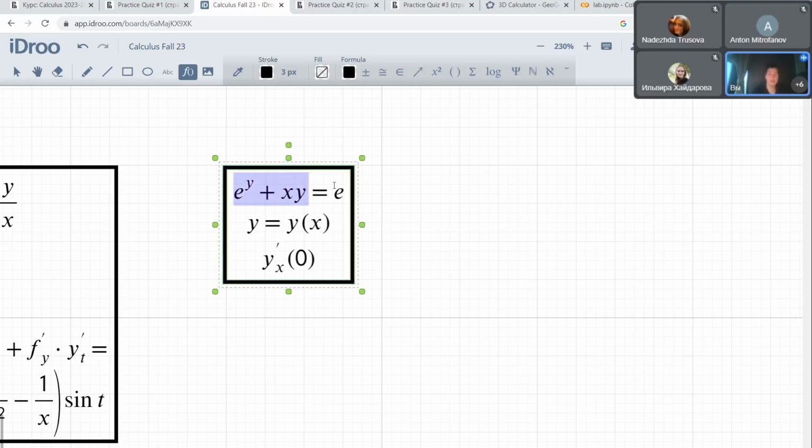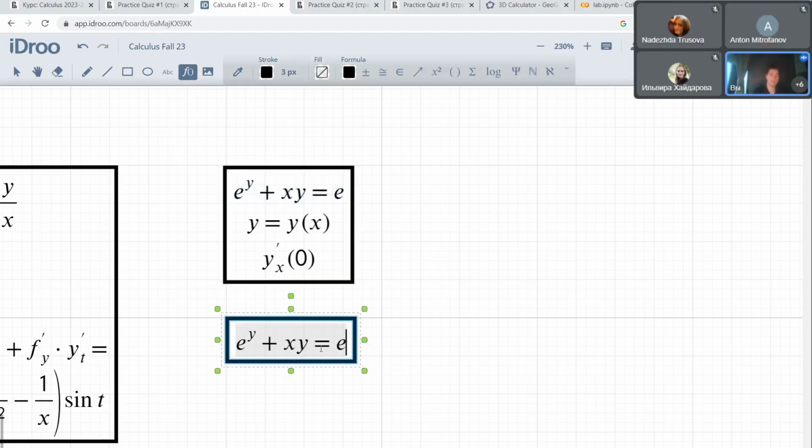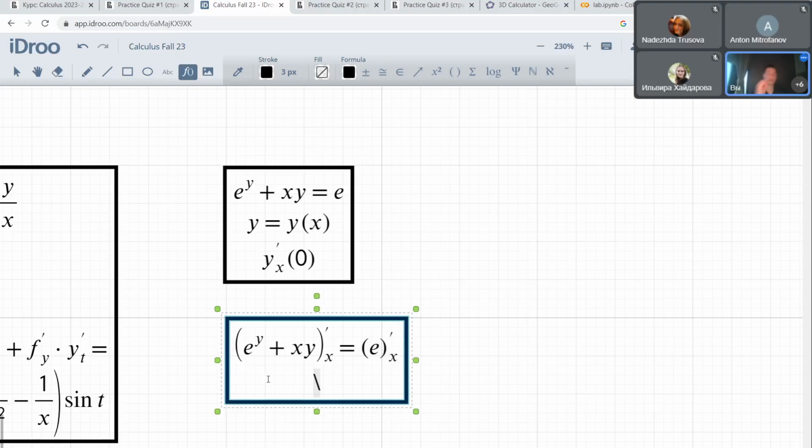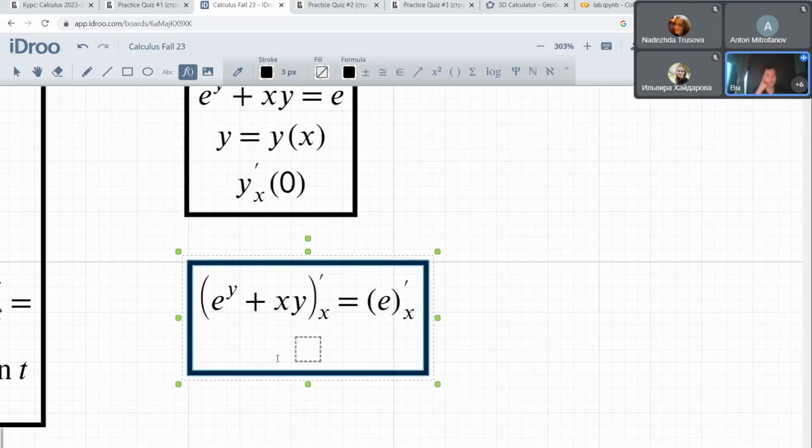So how can we do it? We can apply two important techniques. First of all, we can apply the technique of taking the derivative of this expression. We can find the derivative of this expression over x, for example. What will we get? The left-hand expression will give us the following thing.